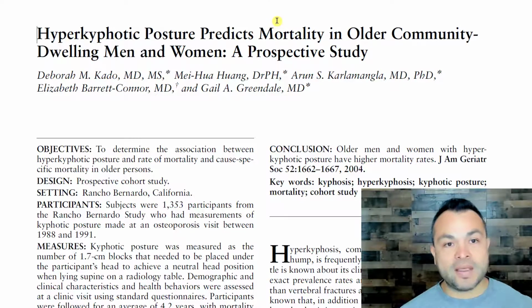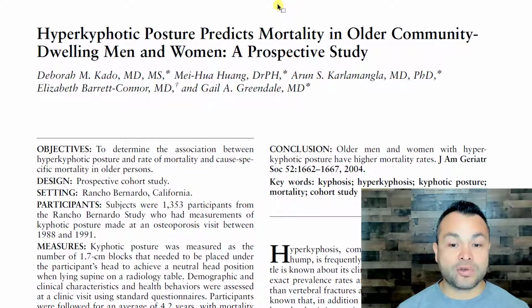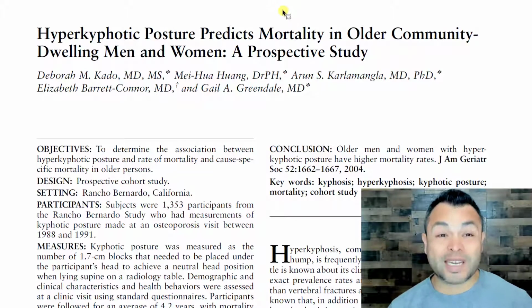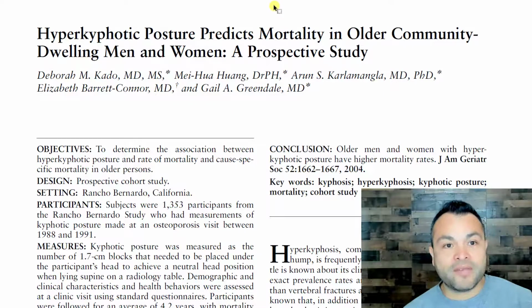Number three, in the study, people even with slight hyperkyphosis had an increased rate of mortality compared to those without it. Number four, hyperkyphosis is significantly associated with deaths due to atherosclerosis, heart disease. Number five, hyperkyphosis increased deaths due to atherosclerosis by 2.4 times, which is, again, pretty significant.